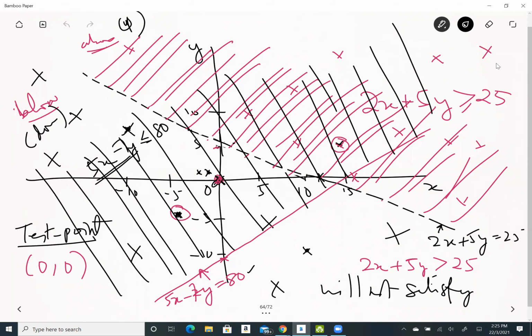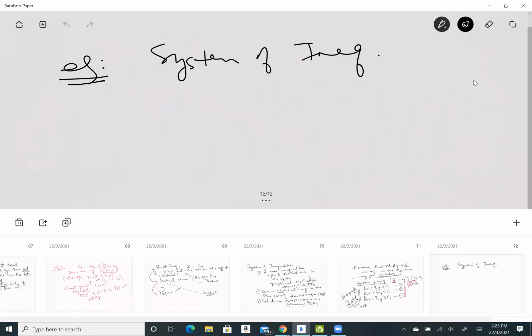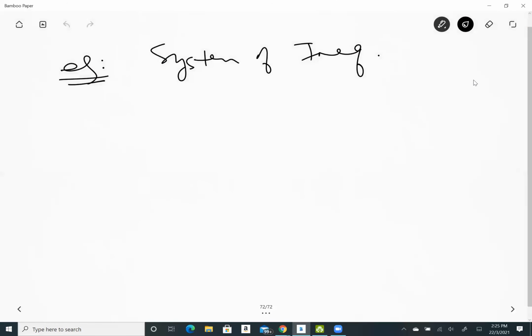What are the inequalities in the system? Based on my example, I have 5x minus 7y less or equal to 80. Label it as number one.